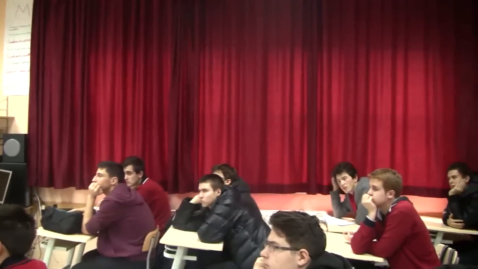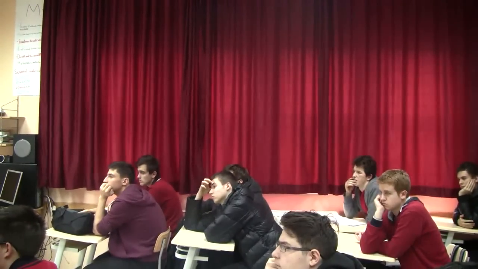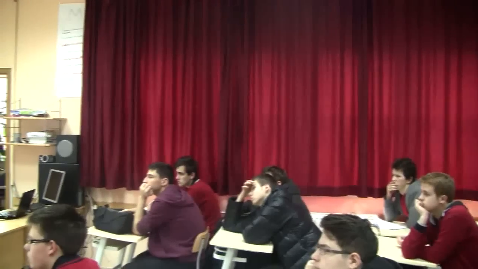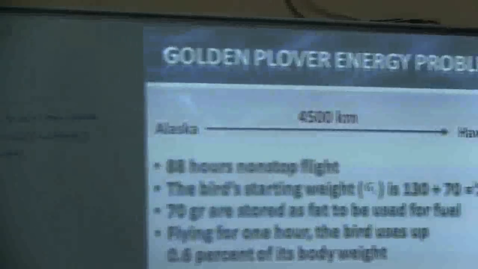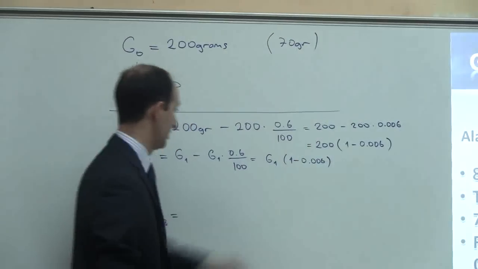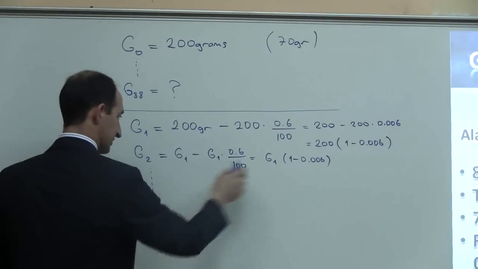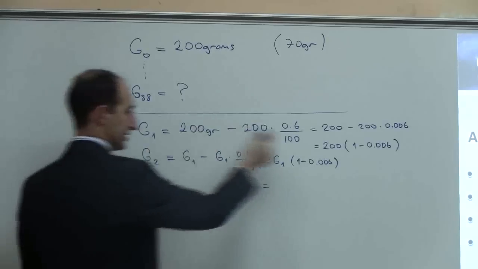It's G1. And here, you can factor out G1. If you factor out G1, you will get 1 minus, it has the same value, 0.6 over 100 gives you 0.006. Here G1 in parentheses, you know the G1. So it's equal to what? Here, G1, substitute the value because G1 is here.